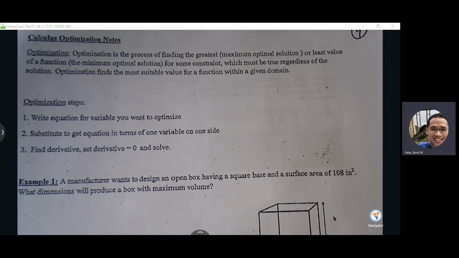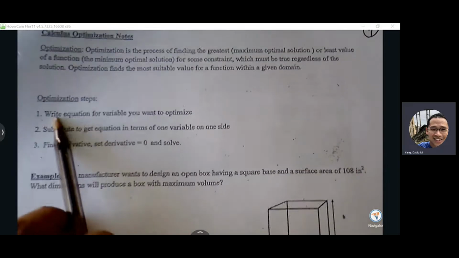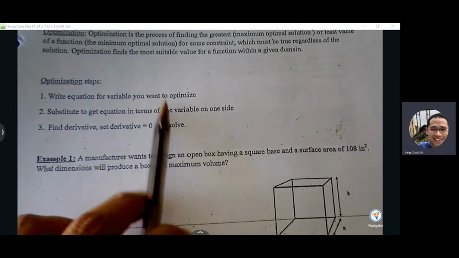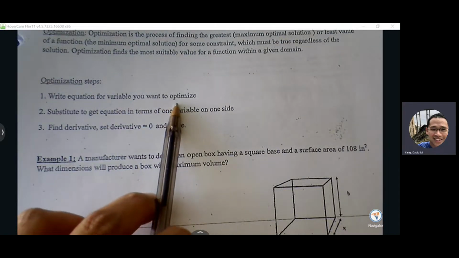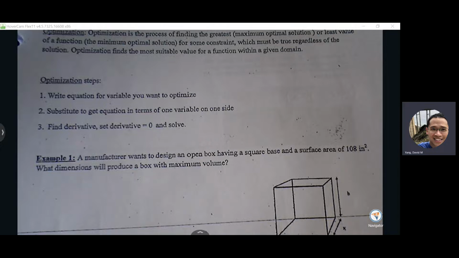And the steps will be the same whether we're doing the maximum optimal solution or the minimum optimal solution. So here are the steps. We're going to first write the equation for the variable that you want to optimize. I'll talk about how we can decide which equation we're going to have to find the derivative for.